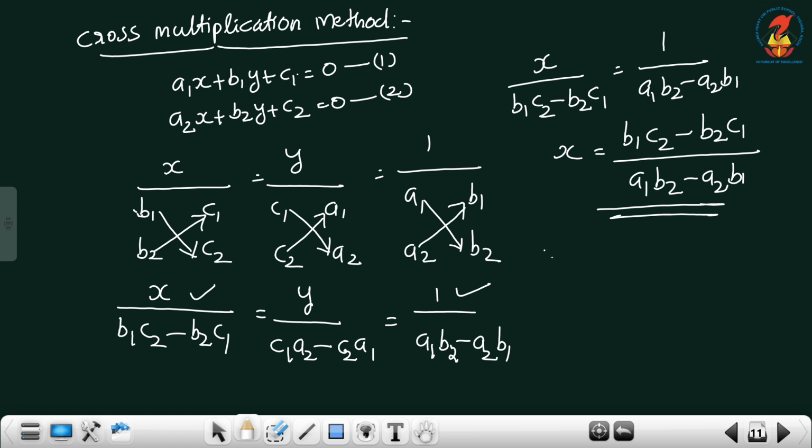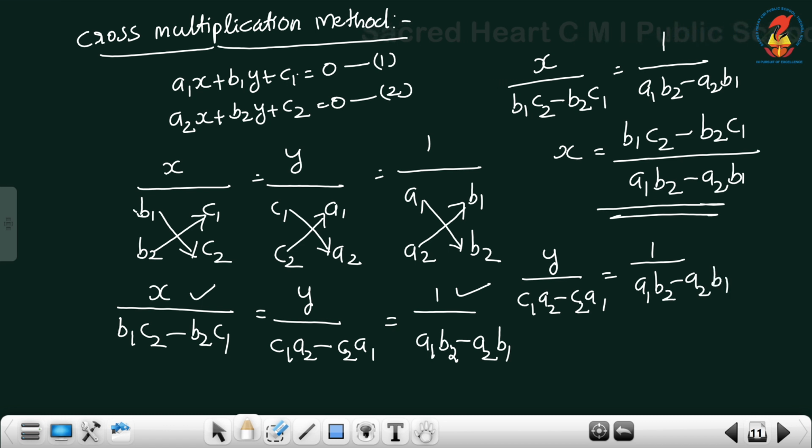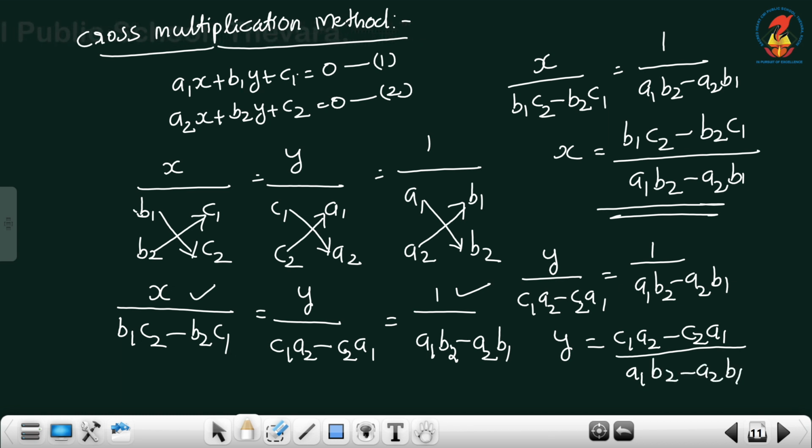Next, y by c1 a2 minus c2 a1 equal to 1 by a1 b2 minus a2 b1. Cross multiply it, that means y equal to c1 a2 minus c2 a1 by a1 b2 minus a2 b1. These are the values of x and y.